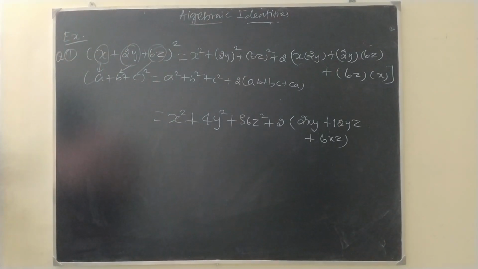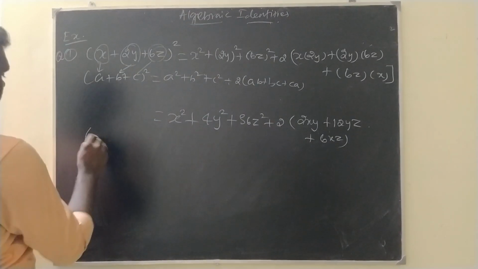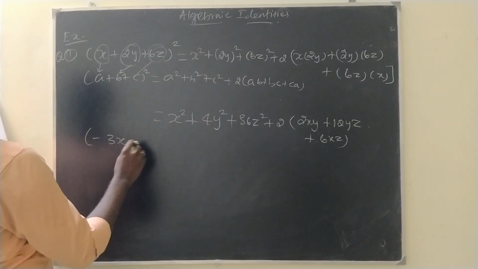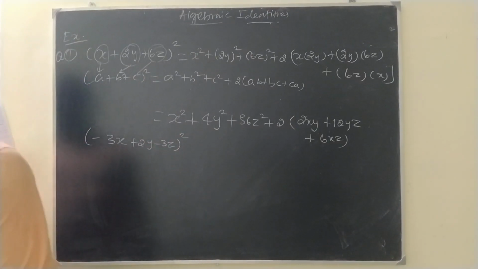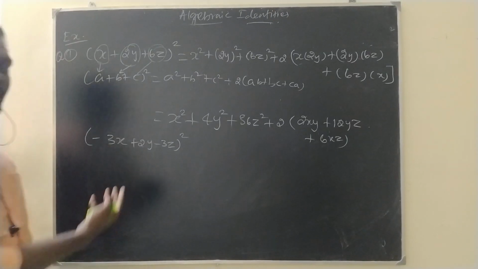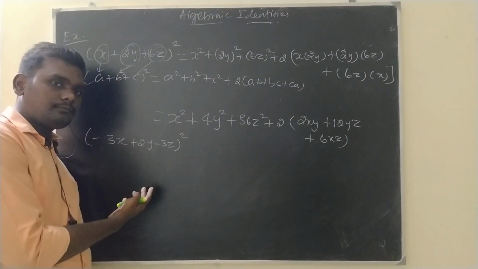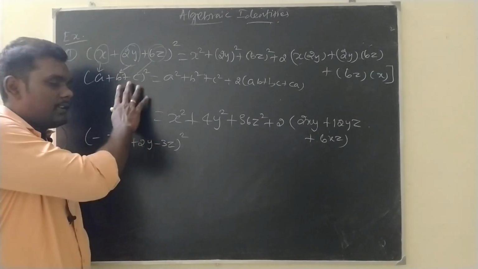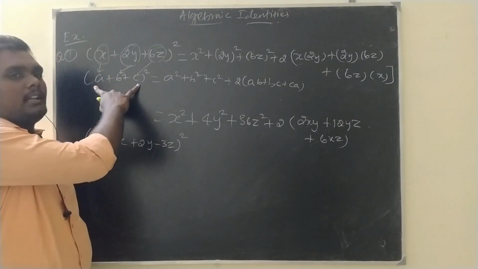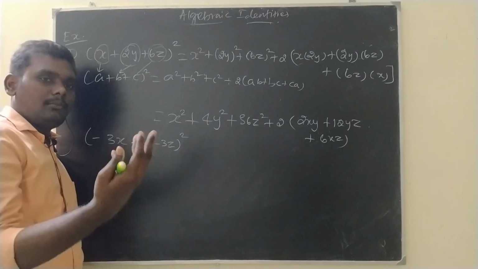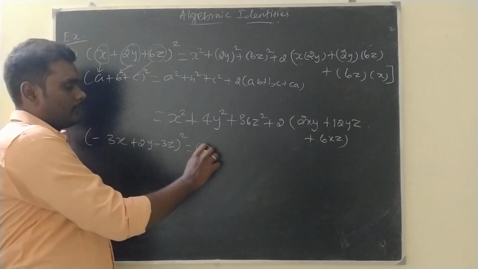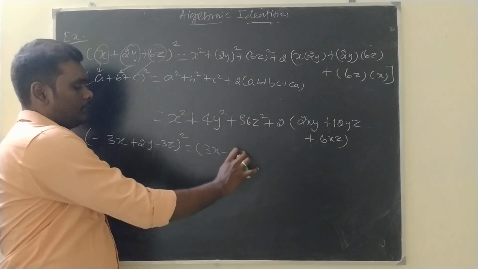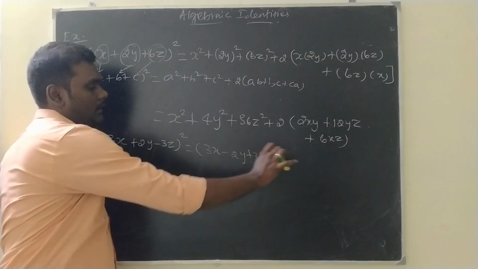The same way, the other question is also there. Minus 3x plus 2y minus 3z whole square. Then how can this be done? Using the same identity, but here negative, here negative. If you are not comfortable with the 2 negative signs, take one negative out. 3x minus 2y plus 3z whole square.